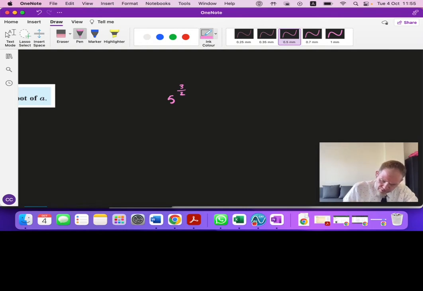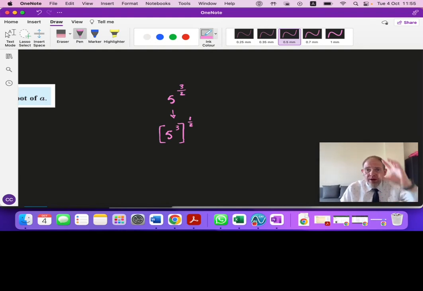So if I got rid of this numerator, I could break this apart into 5 cubed, and then that 5 cubed to the 1/2 power. Checking that, 3 times 1/2 is 3/2. Okay, I'm back to where I started from, no big deal.